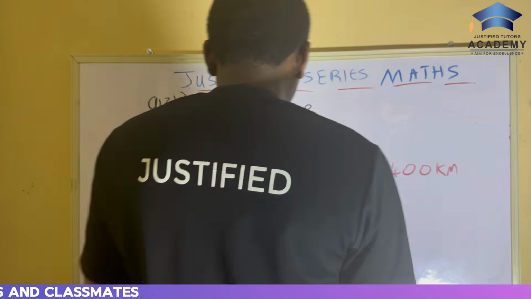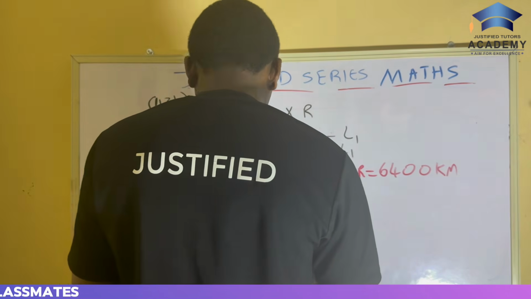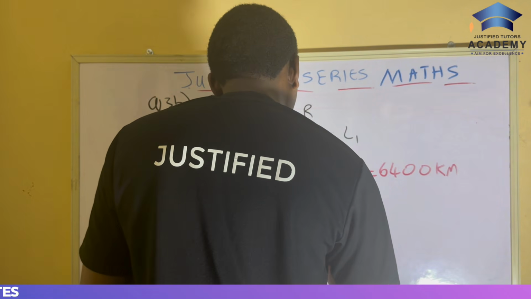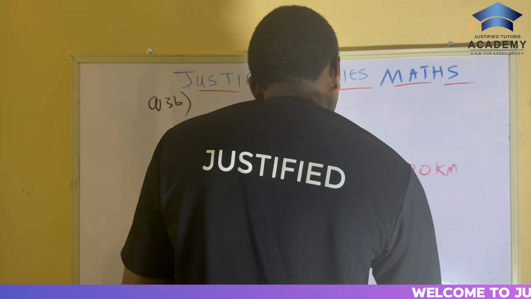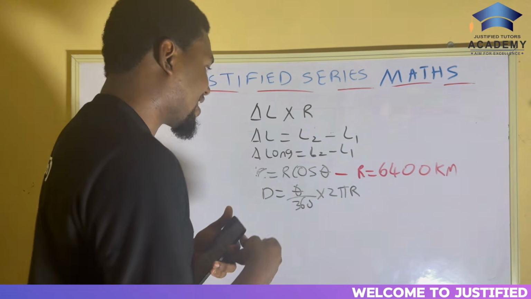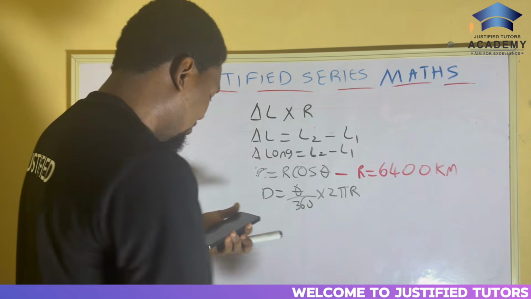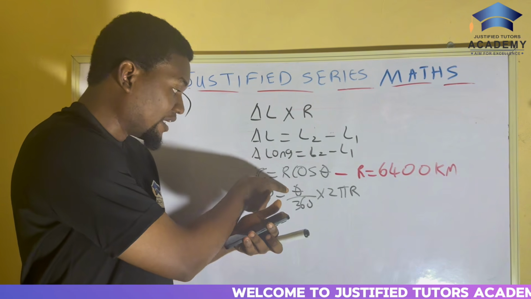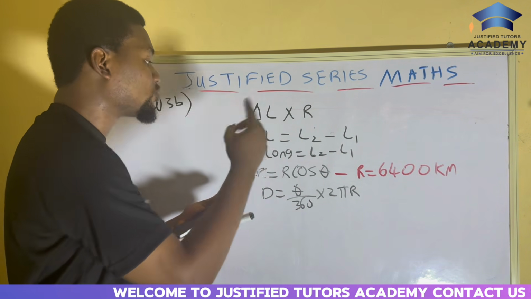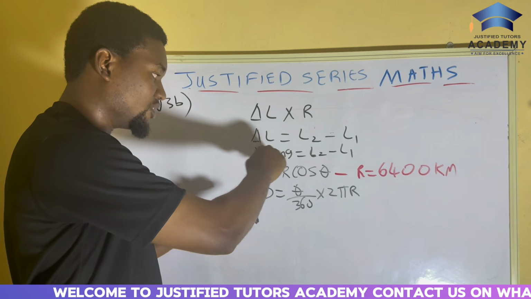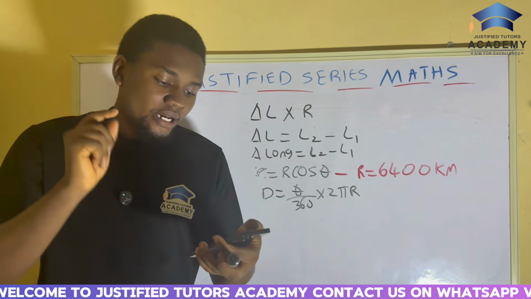That formula is given as D equal to theta over 360 times 2 pi big R. Are you getting me? Where theta is the angular difference between the two. This is your theta here.